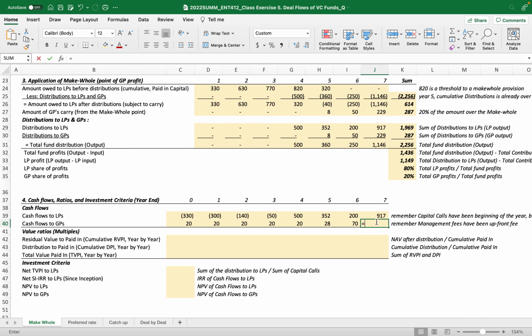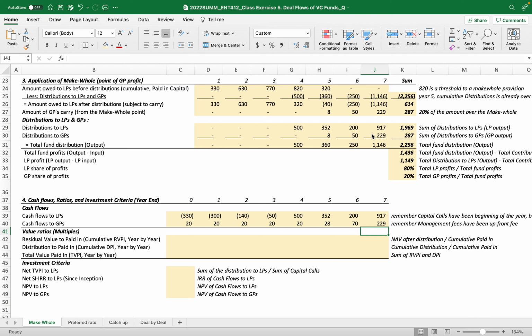And then finally, there's no management fee at the end of this term, but we have to put this 229. And then we got all the cash flows. Very good.